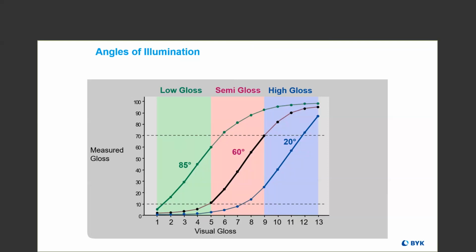If you're seeing visual differences at 2 gloss units, then you need to tighten up your tolerances to that level. The guidelines Geraldine gave are good basic starting points: 10% of your measured gloss value to start with, and then take some measurements, compare them visually, and see if that works for you.